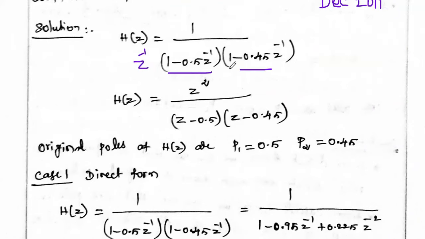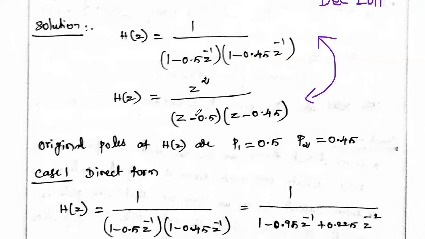Then this z inverse, here one z inverse, z power minus 2, if you give it to the numerator, H(z) is equal to z squared by (z minus 0.5)(z minus 0.45). So these two functions are equal. Here in terms of z inverse, and here positive z.